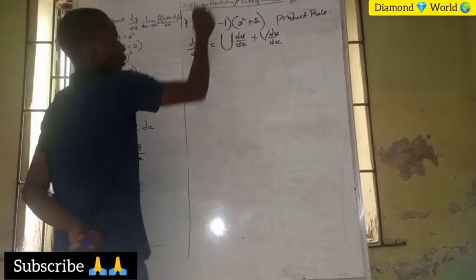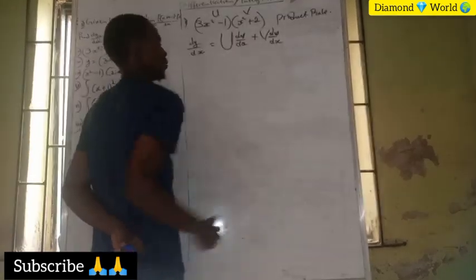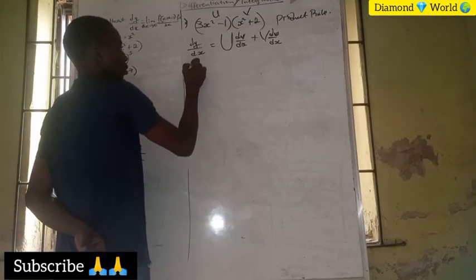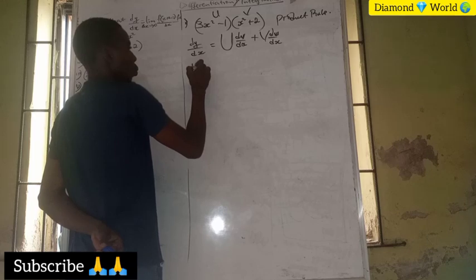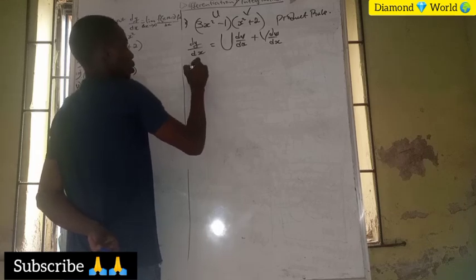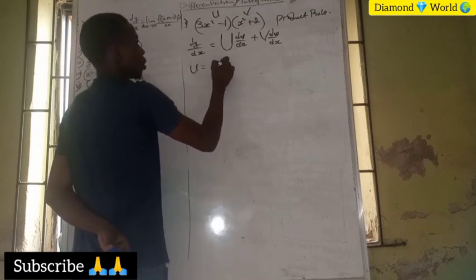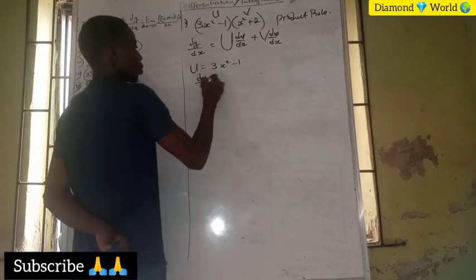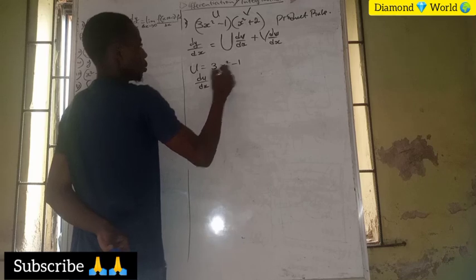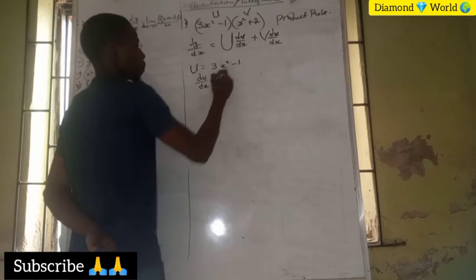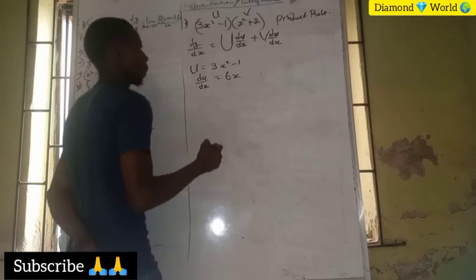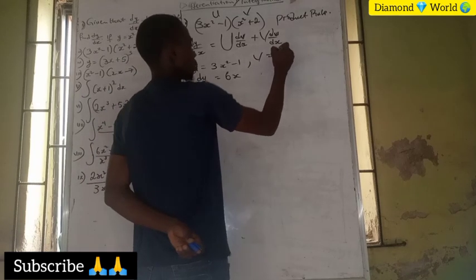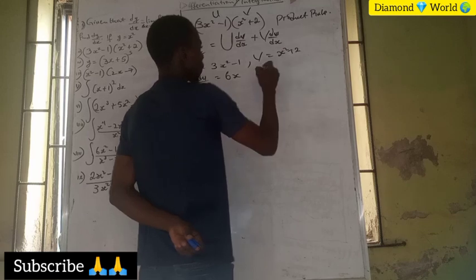Now, this is our u and this is our v. We are asked to write your u is equal to 3x squared minus 1. The du/dx will give us 6x, and our v is equal to x squared plus 2.